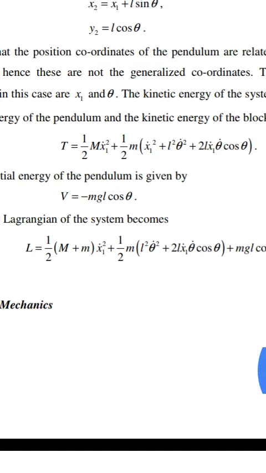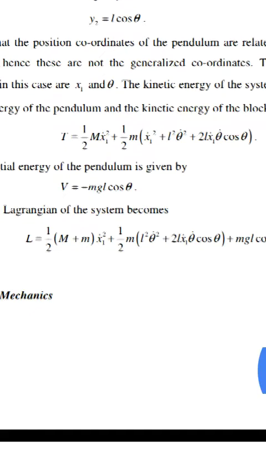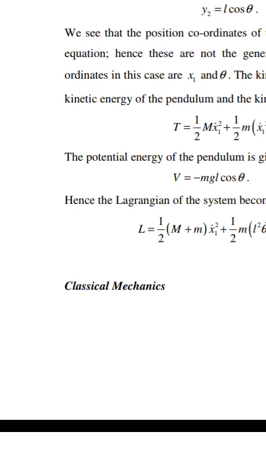Therefore, T is equal to 1 by 2 M x1 dot square plus 1 by 2 m [x1 dot square plus L square theta dot square plus 2L x1 dot theta dot cos theta], and potential energy is given by minus mgl cos theta.